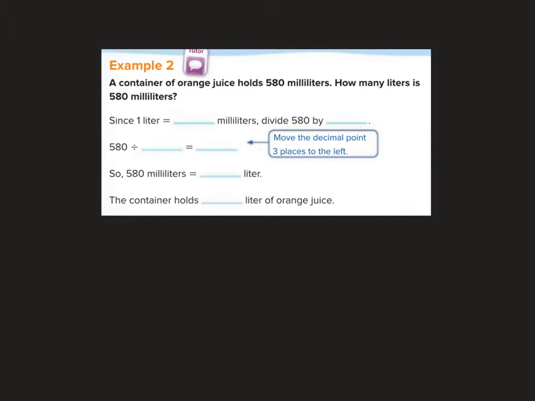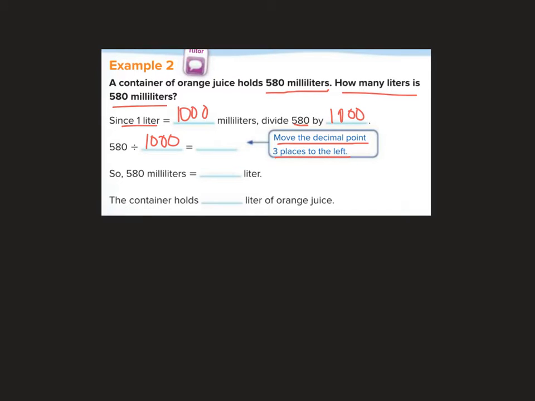Example 2. A container of orange juice holds 580 milliliters. How many liters is 580 milliliters? Since 1 liter equals 1,000 milliliters, we need to divide 580 by 1,000. So 580 divided by 1,000: move the decimal point 3 places to the left, right?